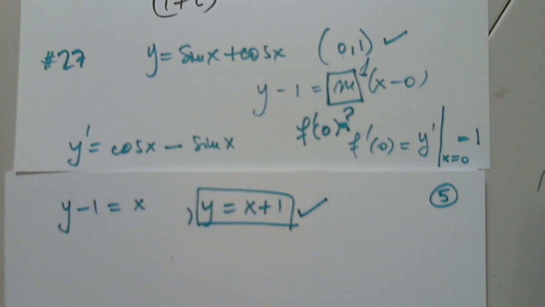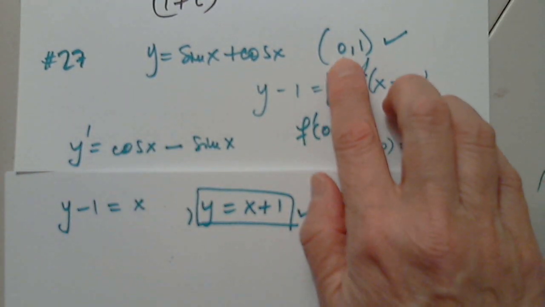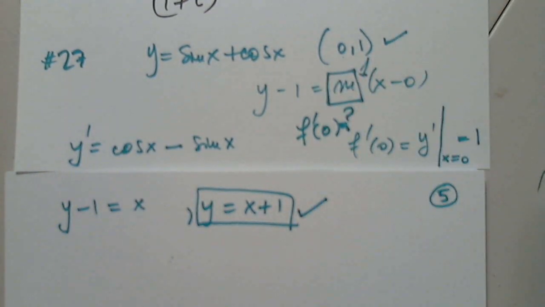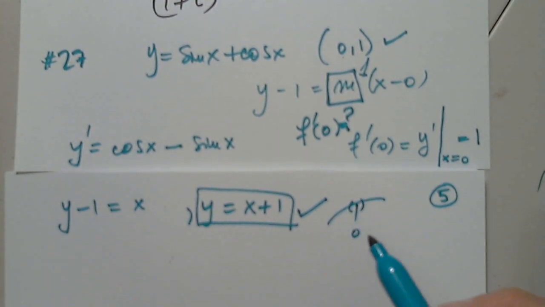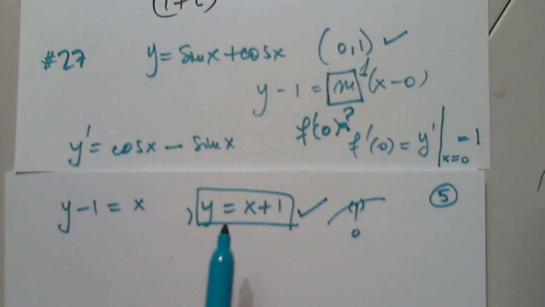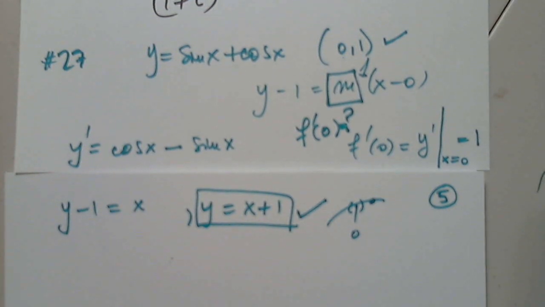This is the line that can approximate this function very well near 0. Not at 1. When we say near 0, we mean around 0.1, minus 0.1, 0.2, minus 0.2, pretty much. Further away, we need a different equation or a different tangent. Good, very good.